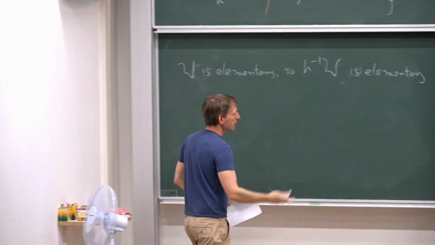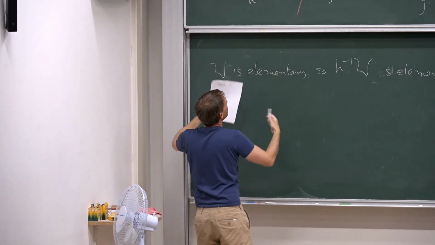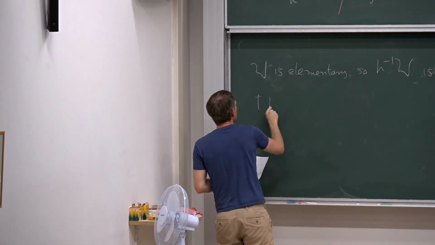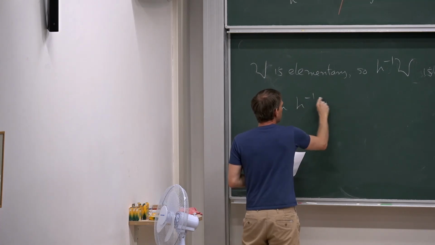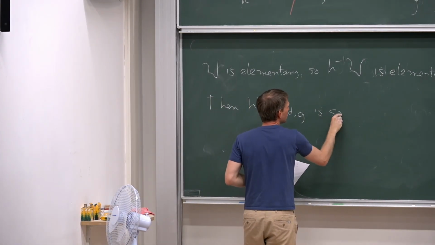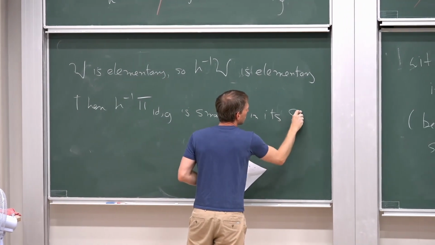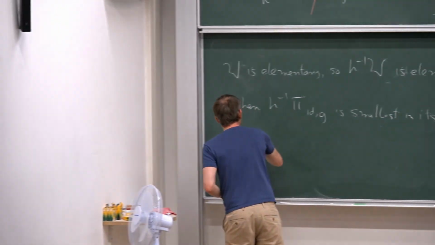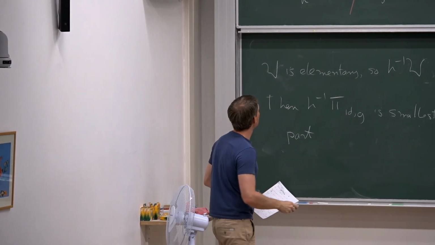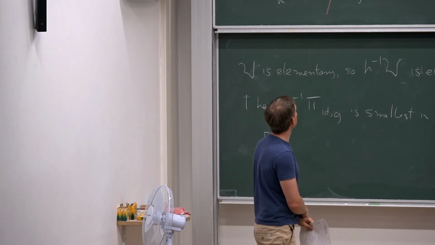So indeed, after translating everything by H inverse, this point stays the minimal element in its strip part, and then H inverse, the original voracious projection, is smallest in its strip part. So this proves part 2.